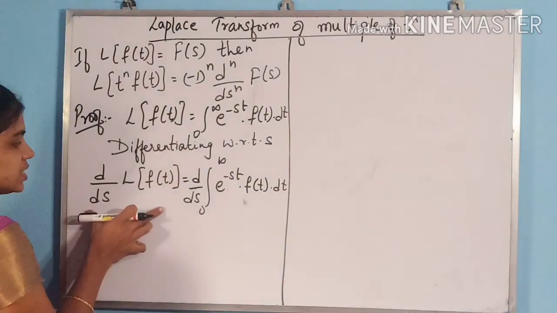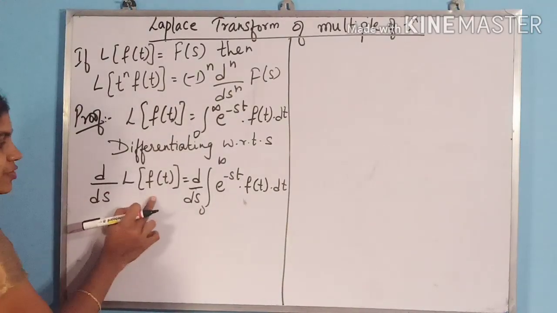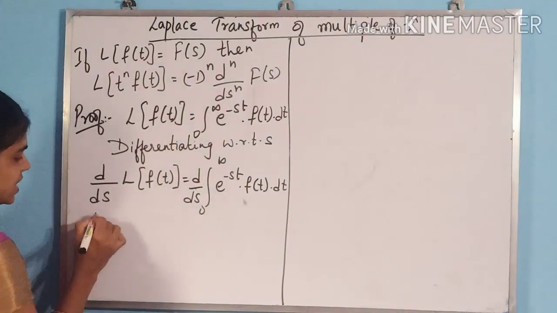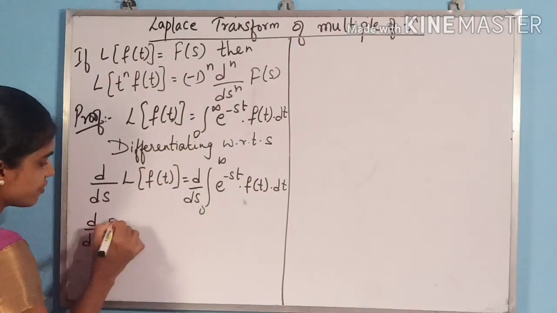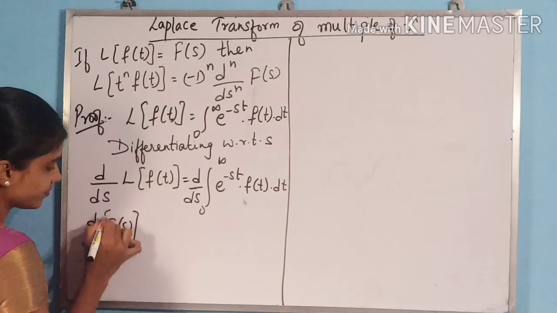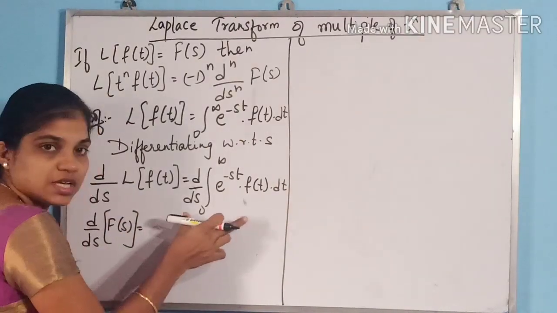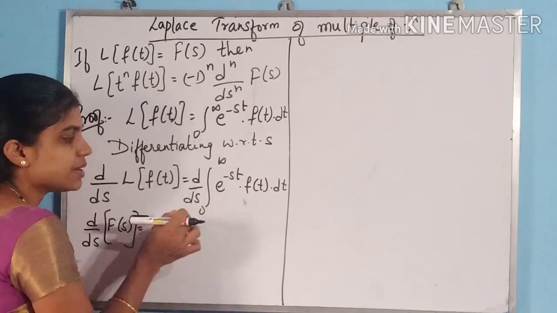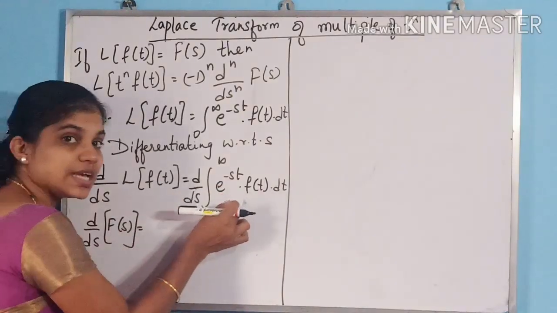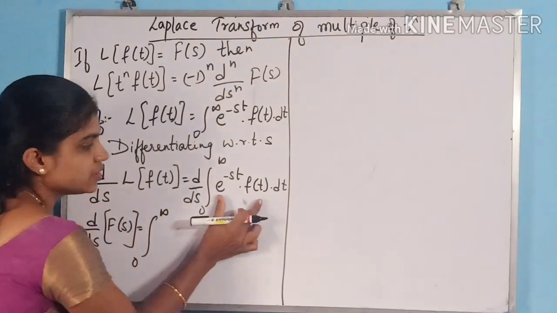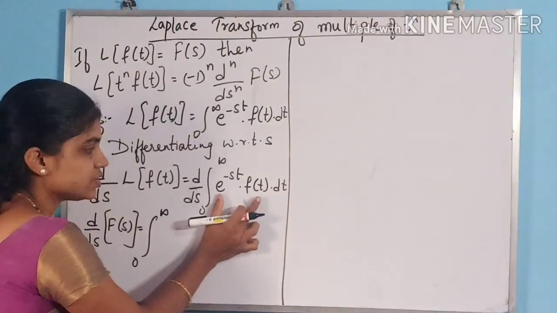So d/ds of the Laplace transform of f(t) is nothing but d/ds of F(s). This is equal to, now we have to differentiate this term with respect to s, and the integration is with respect to t. Now this is a product rule we are going to apply here.